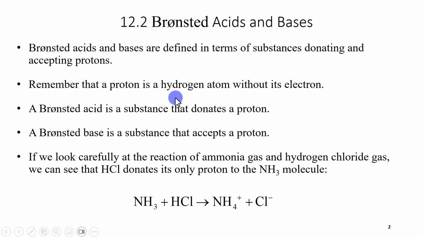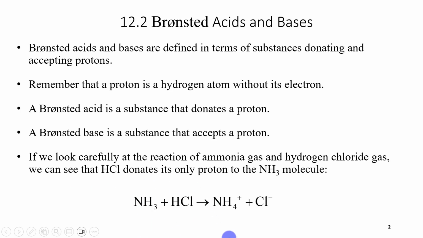A proton is a hydrogen atom without its electron, so it's an H plus ion. A Bronsted acid is a molecule that donates, so gives off a proton, an H plus. A Bronsted base is a substance that accepts a proton, so takes in an H plus.